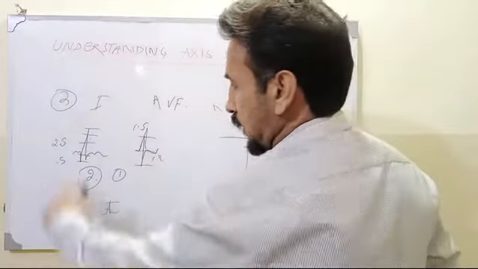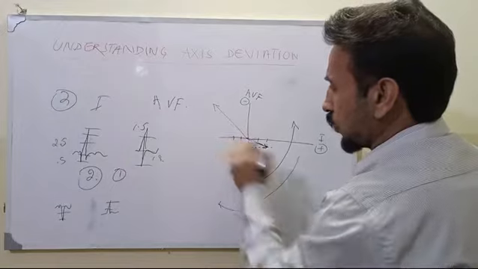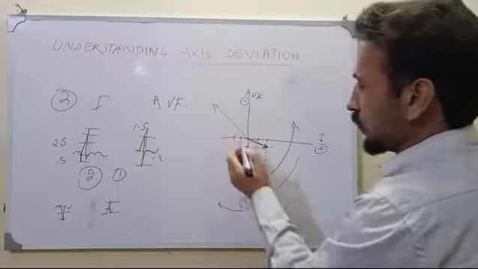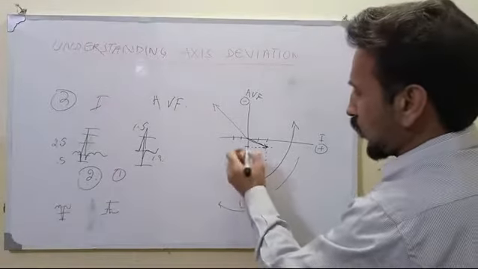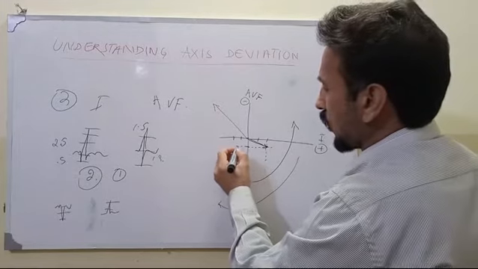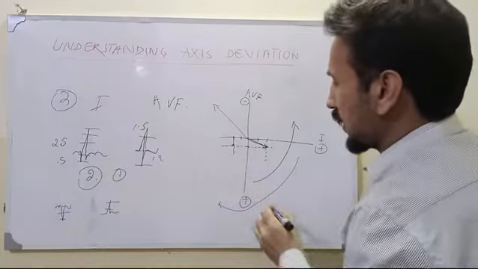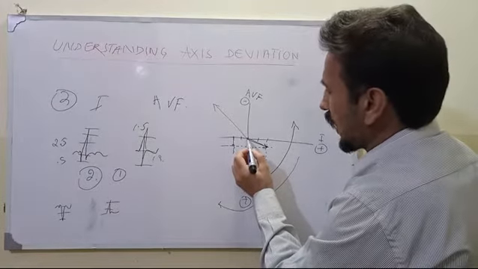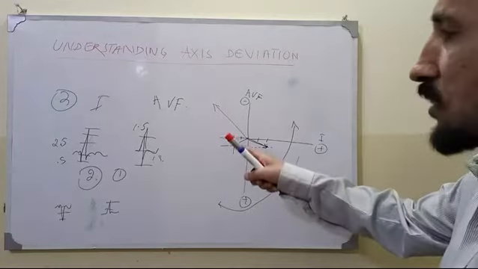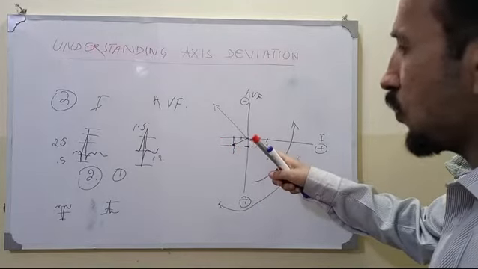In lead 1 we draw it on the negative pole, 1 and 2, and in AVF it is 1 big square, so it needs to be plotted on the positive pole of AVF. For example, it's here, right? Now we will draw lines to see the point where they both intersect each other, and this point will be joined to the 0 point. So the vector is lying on the right side. This is right axis deviation and this is the normal vector.